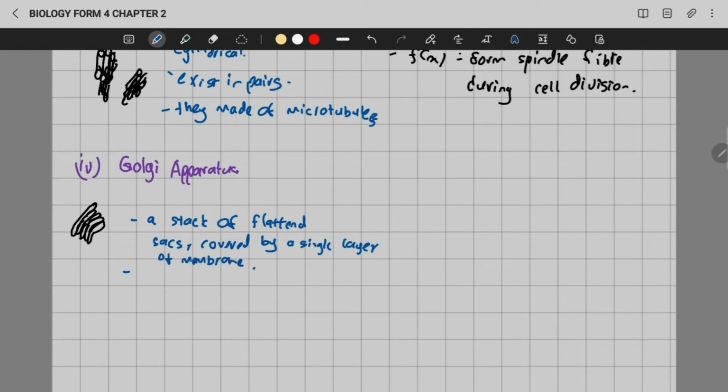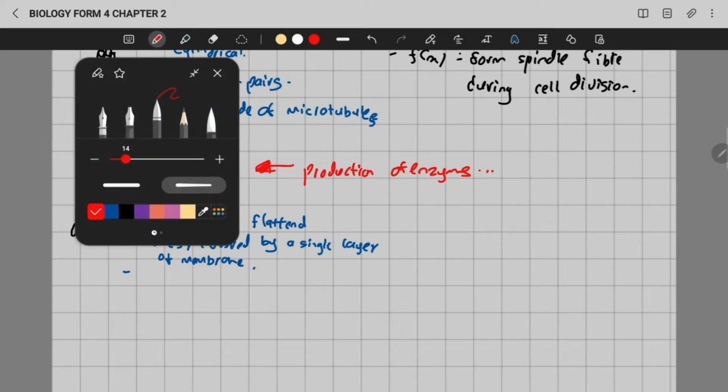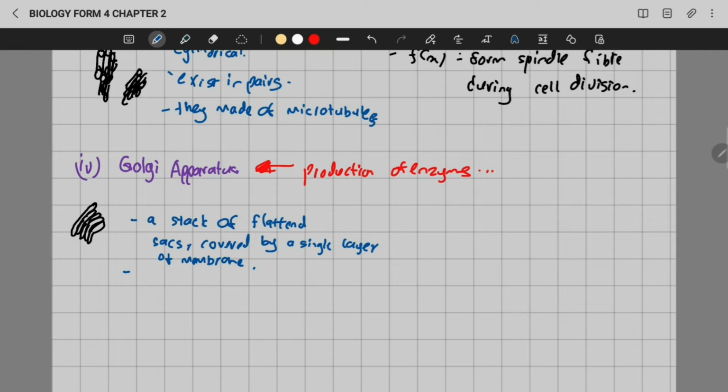This organelle is very important. You will learn about the transportation in the cell itself, or the production of enzymes, where it possesses a great function, and so on. And many more, you will also learn that later.